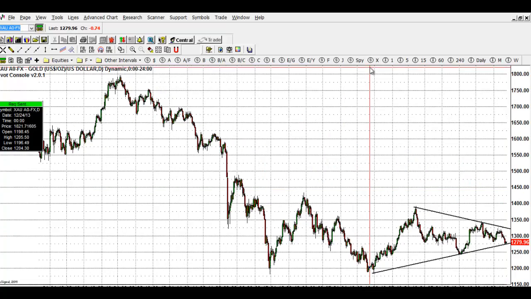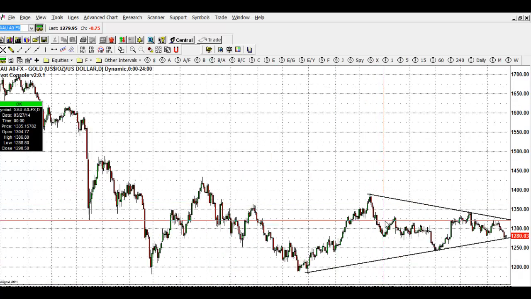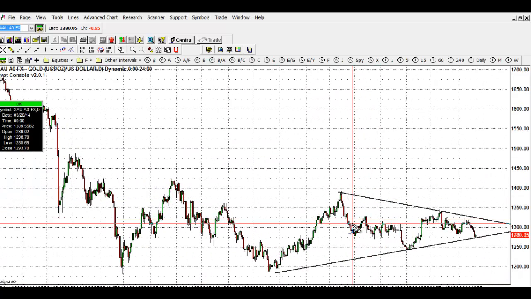Okay, taking a look at gold, we see that the market is currently in a triangular consolidation pattern, and this market has really done nothing over the last year or so. Actually, since August, we're in August now.